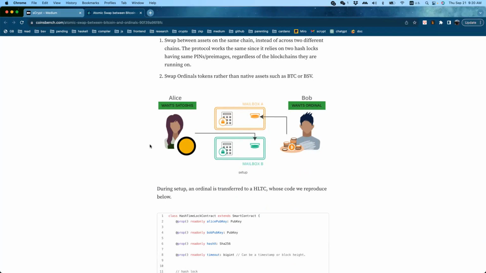Let me try it. So basically, both sent. So they first exchanged public keys and proved that they have transferred the funds, and then with that public key they could unlock the box, so to say, and get the content from that box.